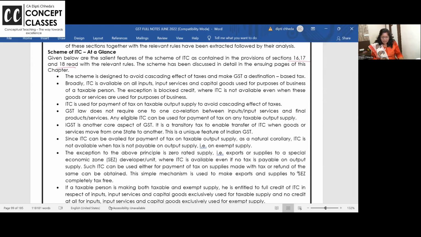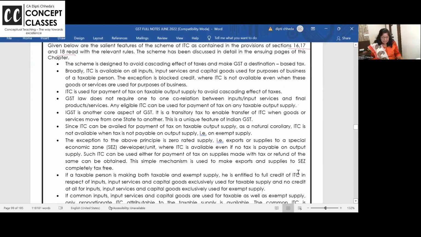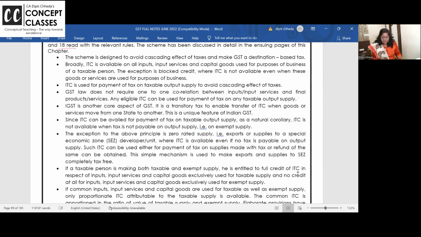GST law does not require one-to-one correlation between input service and final product. Any eligible ITC can be used for payment of tax. Yes, कोई correlation की जरूरत नहीं. IGST is another core aspect of GST. It is a transitory tax to enable the transfer of ITC when goods or services move from one state to another. And how at the end the proper state gets the credit, we have seen that in chapter 1.